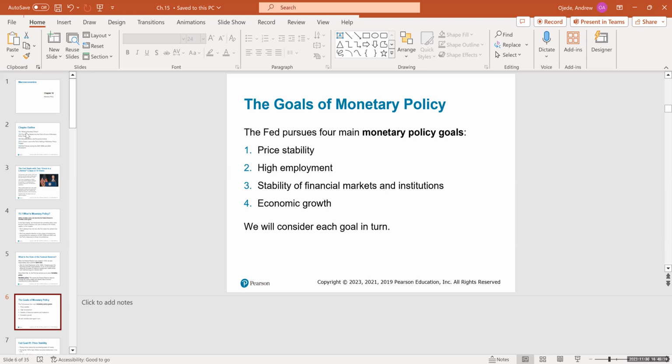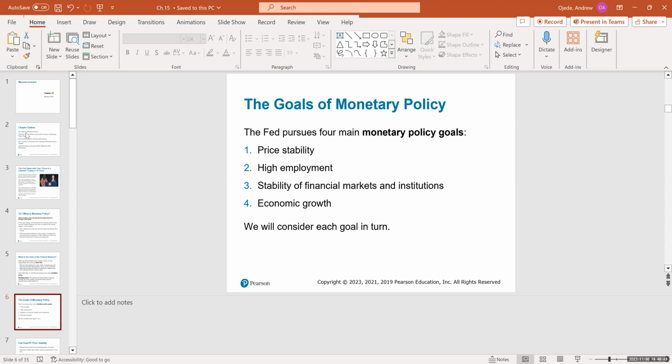Okay, so we're going to consider each of those goals in turn, but out of the four goals that I've listed there on the slide, when Congress passed the Federal Reserve Act in 1913, an act of Congress that created the Federal Reserve System in the first place, they overly emphasized what Congress called the dual mandate of the Fed.